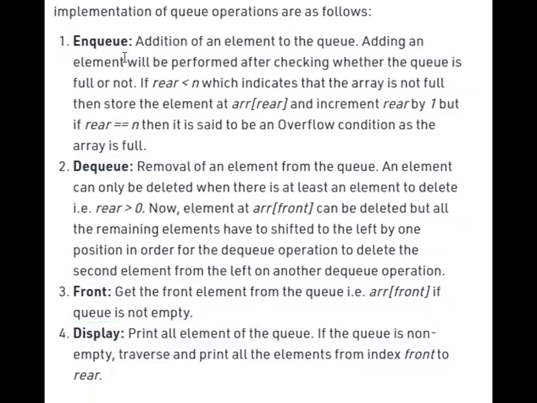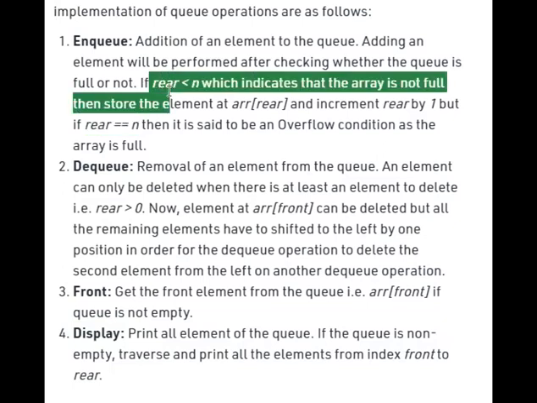For adding an element to the queue, we check whether rear is less than n, which indicates whether the array is full or not. If the array is full, this is the overflow condition, so we can't add the element into the queue.